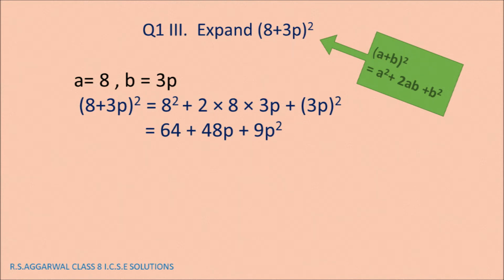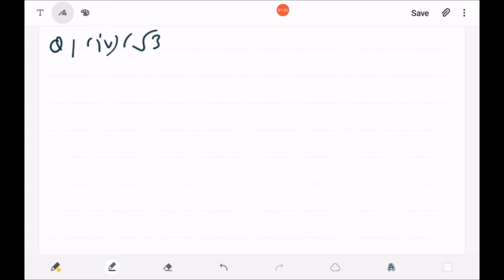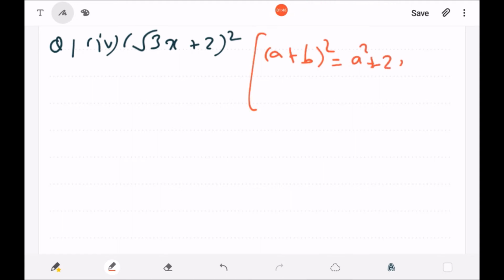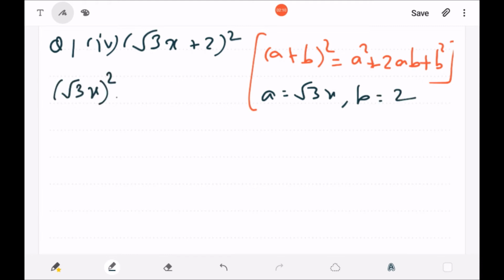Moving on to question number 1, fourth part, root 3x plus 2 the whole square. Now here a is replaced with root 3x and 2 is replacing b. So now again use the same identity. So we'll get root 3x the whole square plus 2 into a, which is root 3x, into b, which is 2, plus b square. B square is nothing but 2 square.